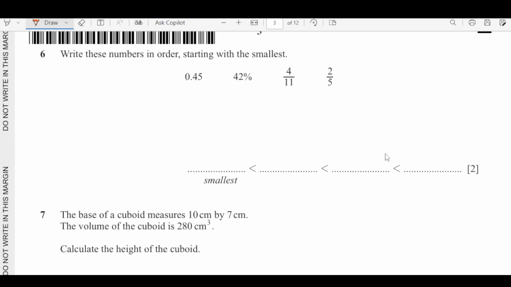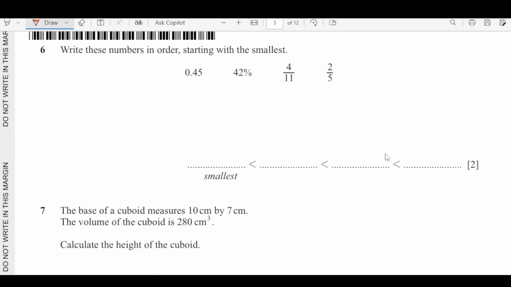Number 6, write these numbers in order starting with the smallest. So we are going to convert these numbers into decimals first of all. The first one we already have in decimal. Let me use my calculator.